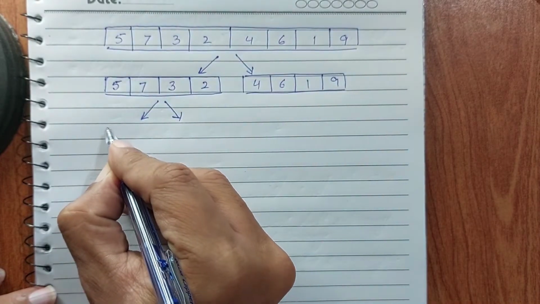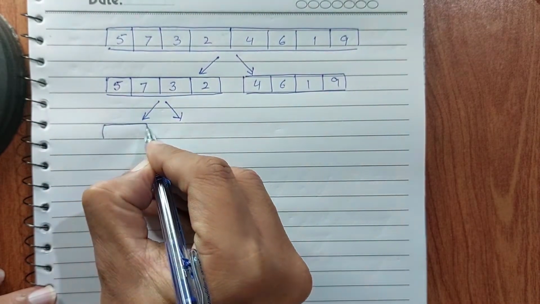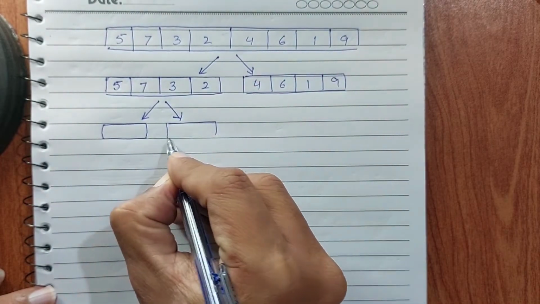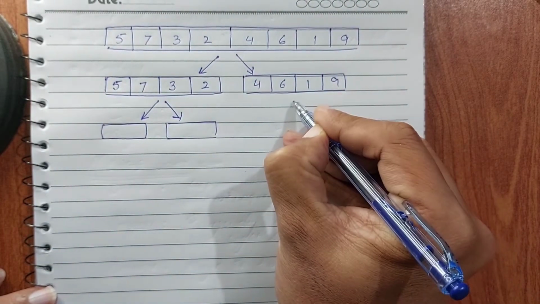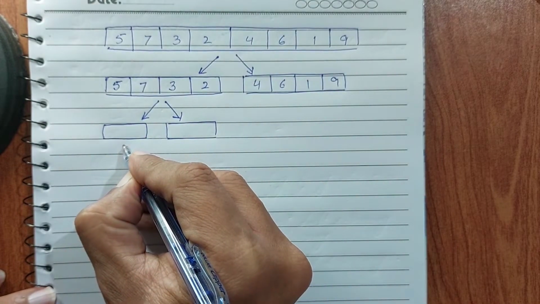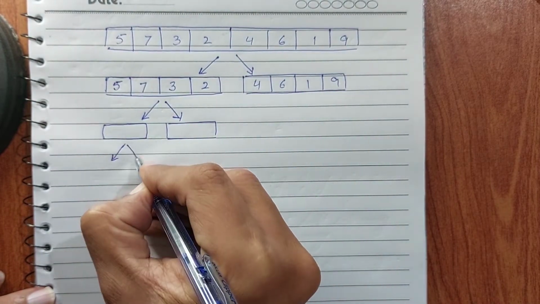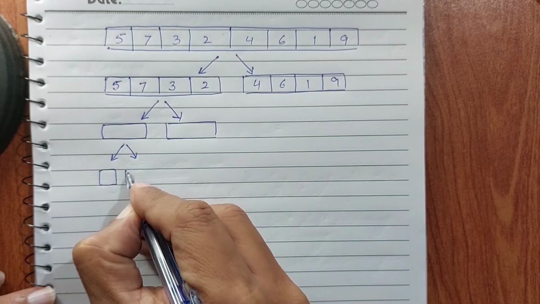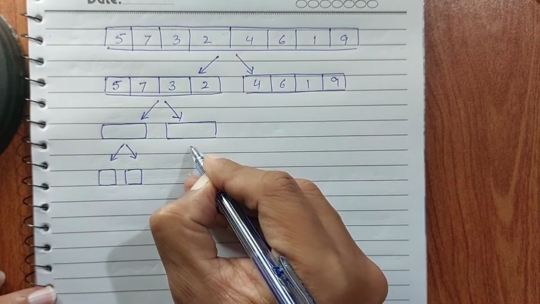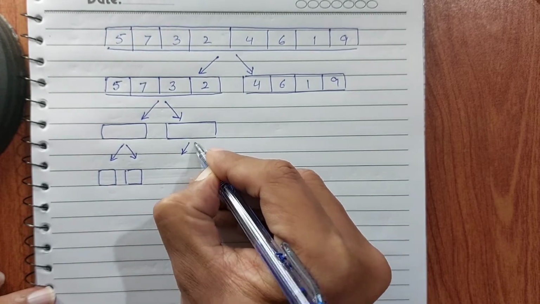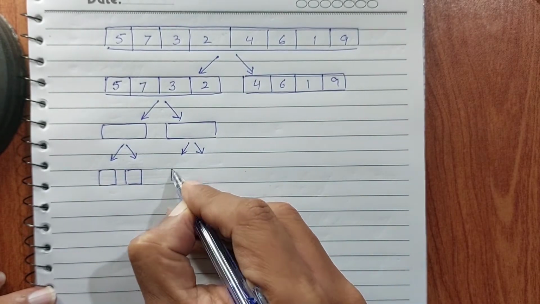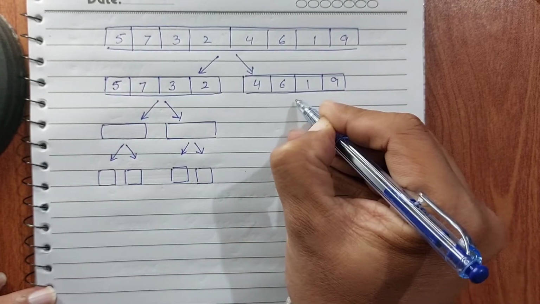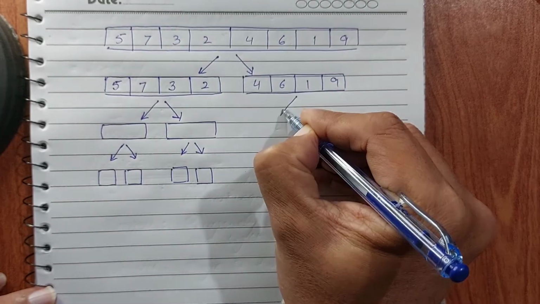Now the size of this array is 4, so the sub-arrays would be of size 2 each. Again we will divide these into sub-arrays of size 1 each, and this is going to happen on this side also.